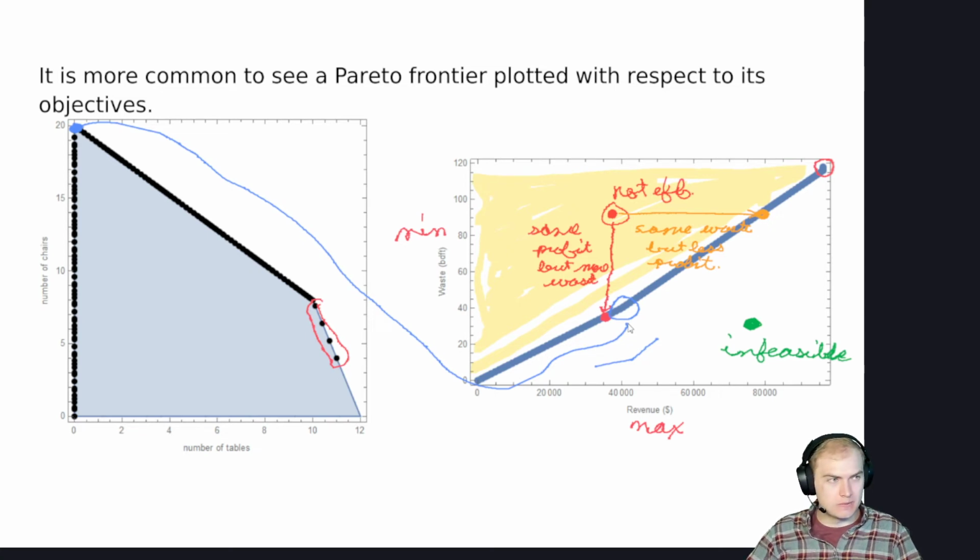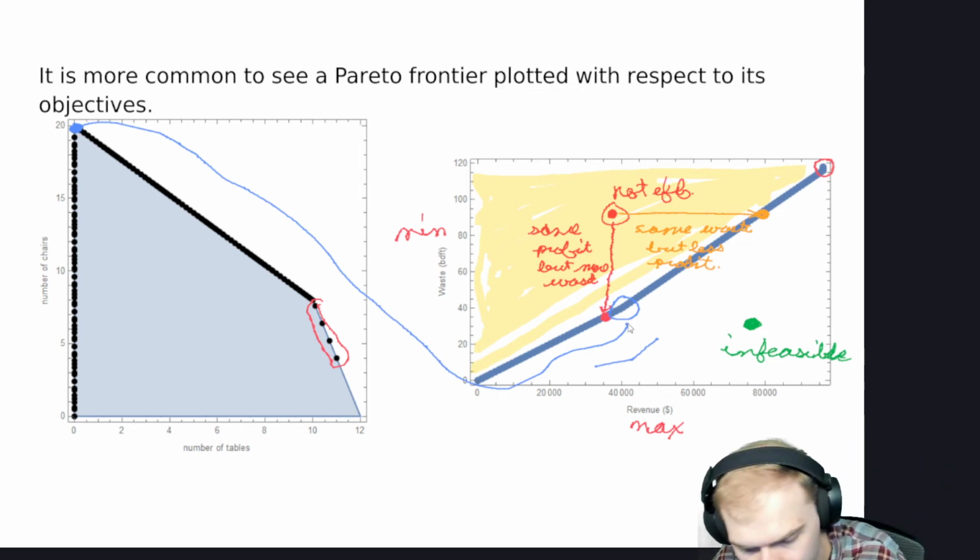Elbows are sometimes very important for business applications. They indicate a change in rate of waste to revenue. A lot of methods that are looking for the best solution will look for the most aggressive or the least aggressive elbow in the Pareto frontier. That's a popular method for finding the best solution.